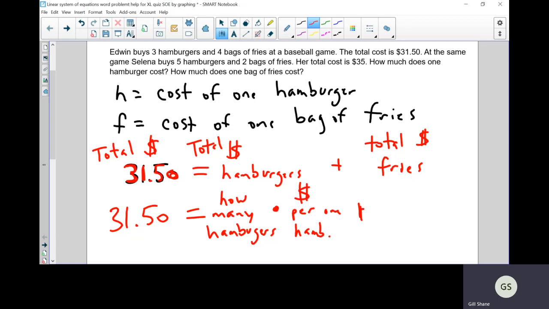And then we would take that and we would add it to the total cost of the fries. Well, the total cost of the fries is really just kind of the same thing.